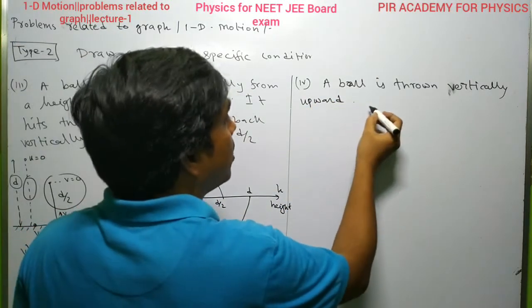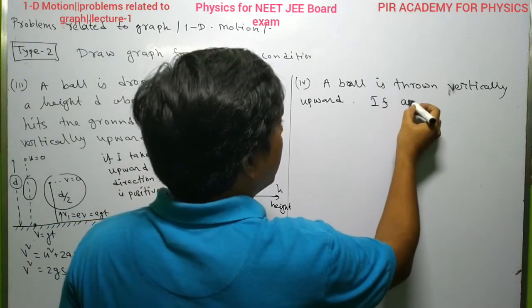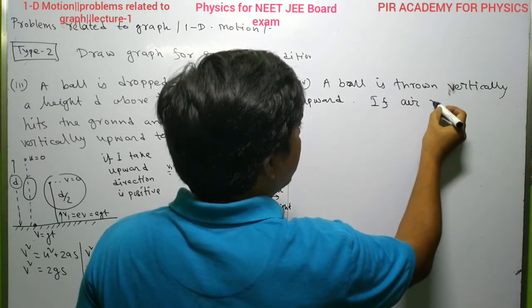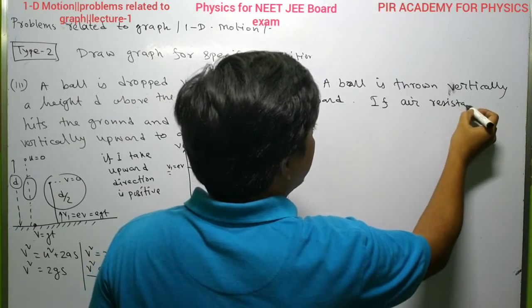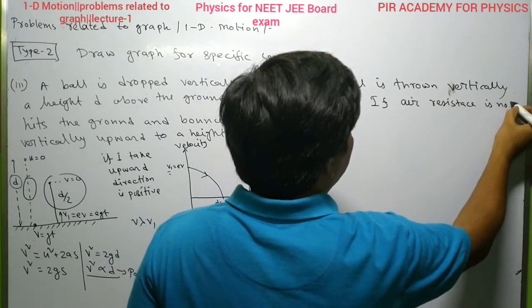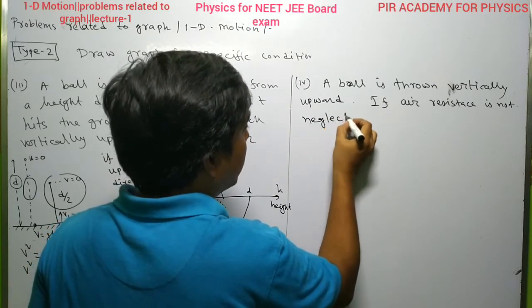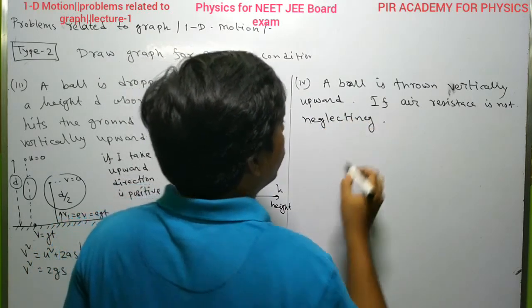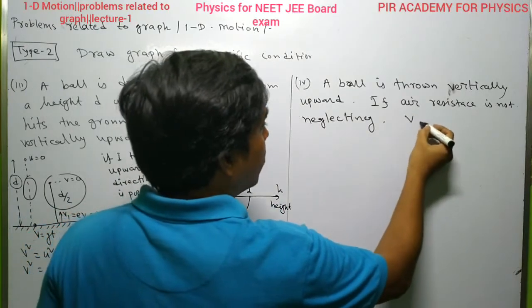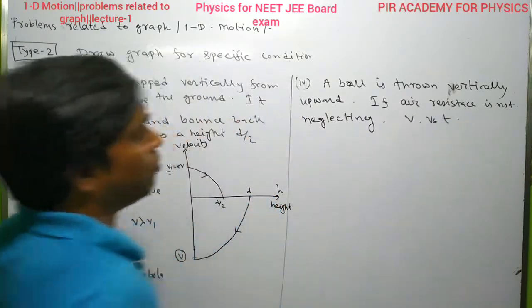If air resistance is not neglected, then what? Then you have to find the V versus T graph.